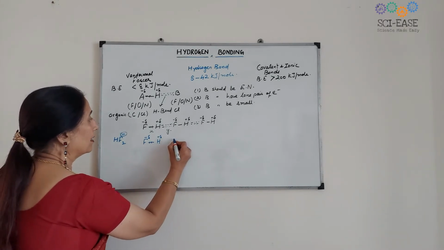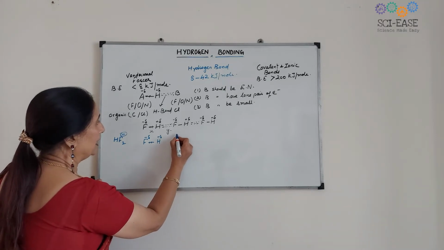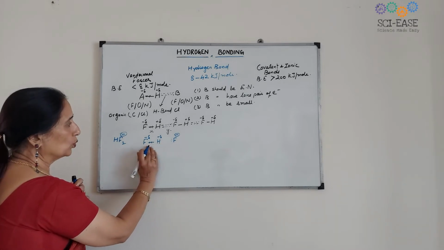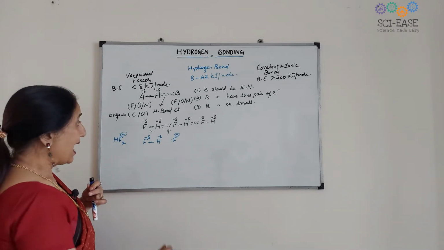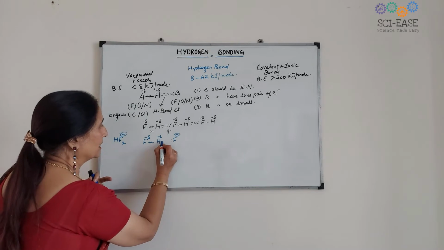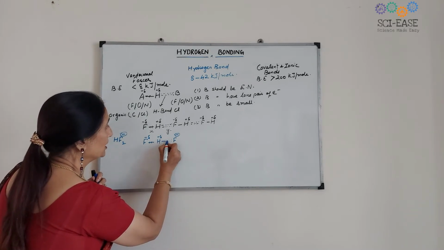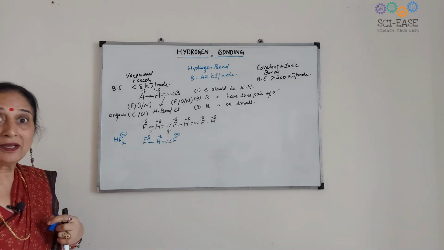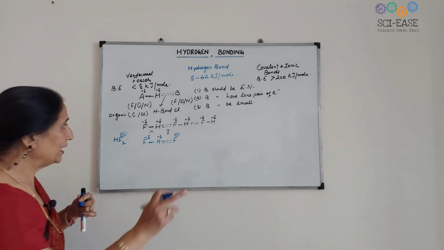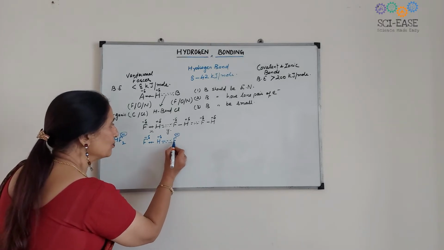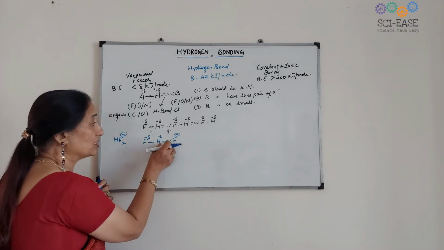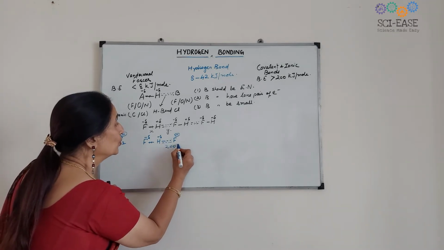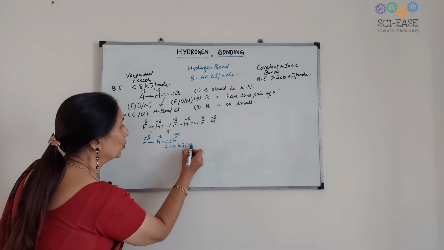Then an F negative will approach near to it. And the bond which is formed here will be a hydrogen bond. But here, I will tell you this. In this molecule, this HF bond, which is a hydrogen bond, its bond energy is also 200 kilojoule per mole.